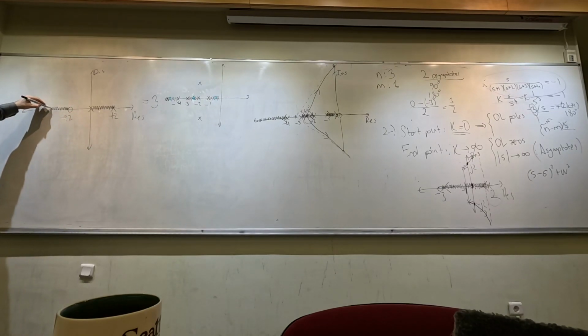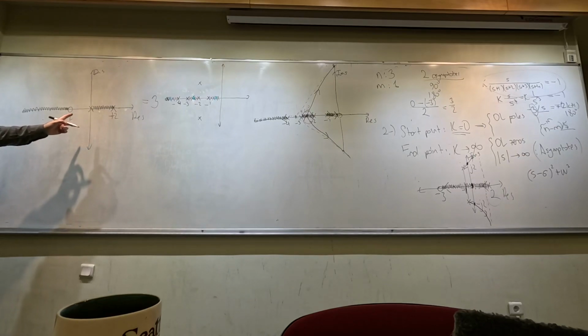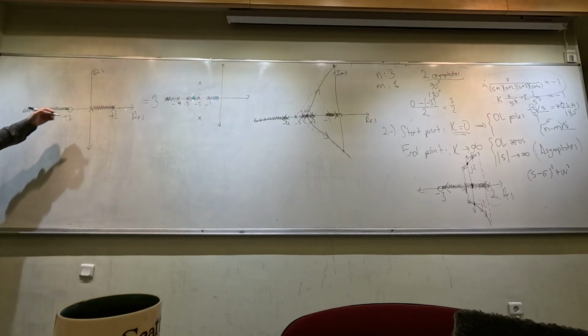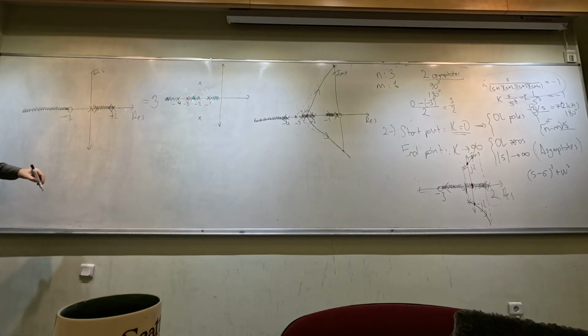And this interval will be included because the total number is 3. Okay? As soon as you place the real axis parts, place arrows, so that you can see what is going to happen. So we see that here, arrows away from the open loop poles, arrows towards the open loop zeros. Okay? So I get this one.